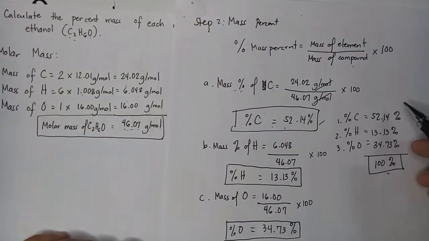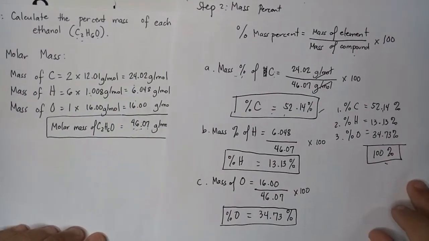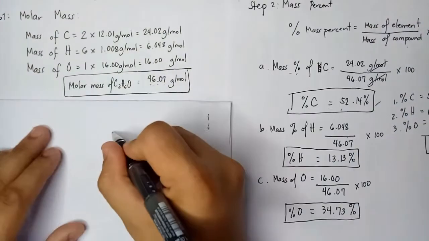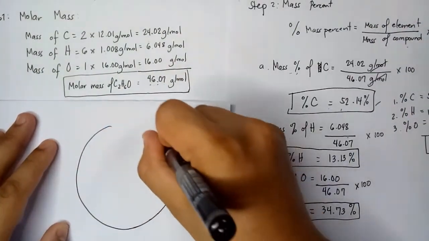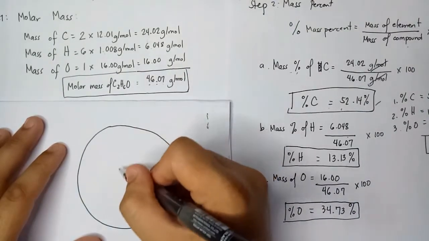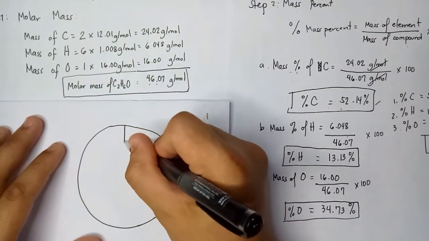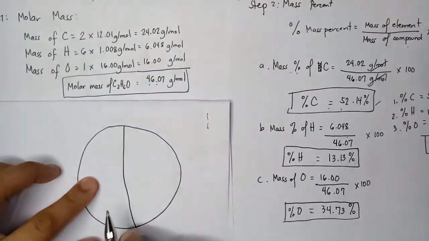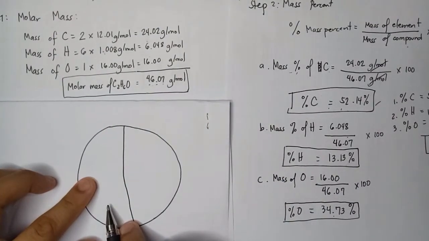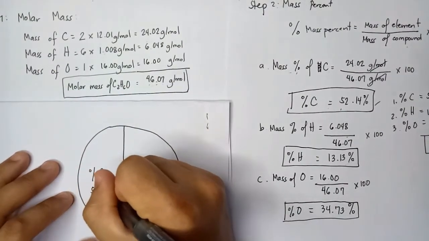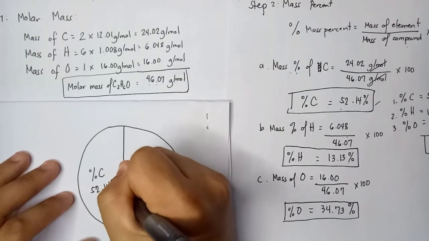Ano kung ilalagay naman natin siya sa pie graph? For example, drawing ulit ako ng circle. Kung ang kalahati niya ay 50, dapat lamang siya. Then 52 lang naman, so yung pinakamalaki ay si percent of carbon na may 52.14%.